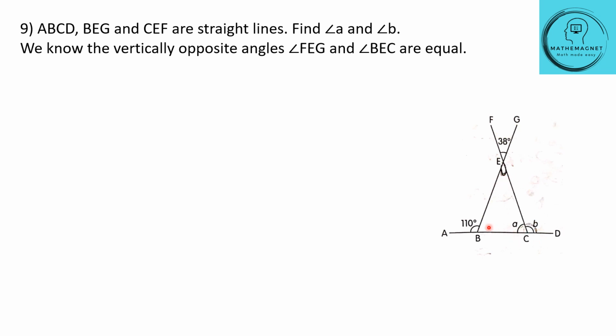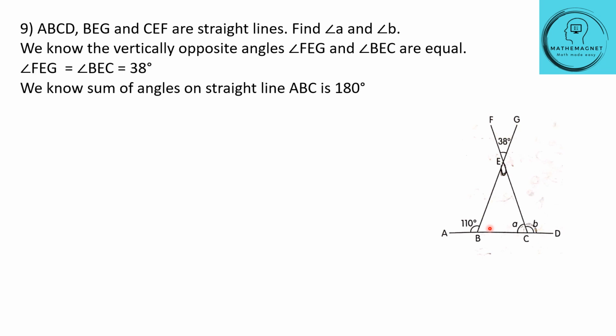We'll need to find this angle now, which can be found by using the concept of sum of angles on a straight line. We'll take the straight line ABC. So angle ABE plus angle EBC will be equal to 180 degrees. So EBC will be 180 minus 110, which is equal to 70. Now in this triangle, we know this is 38, we know this is 70.